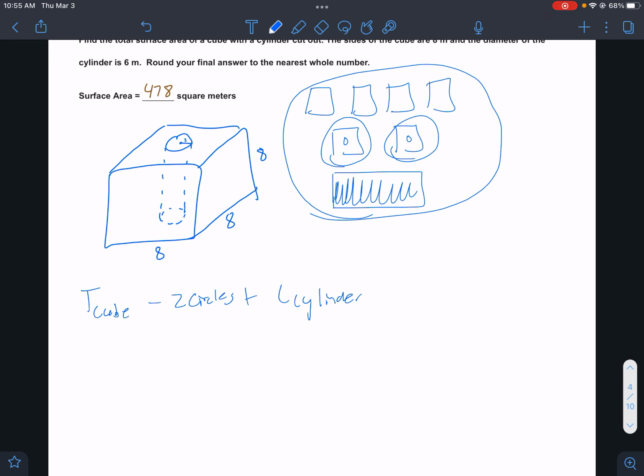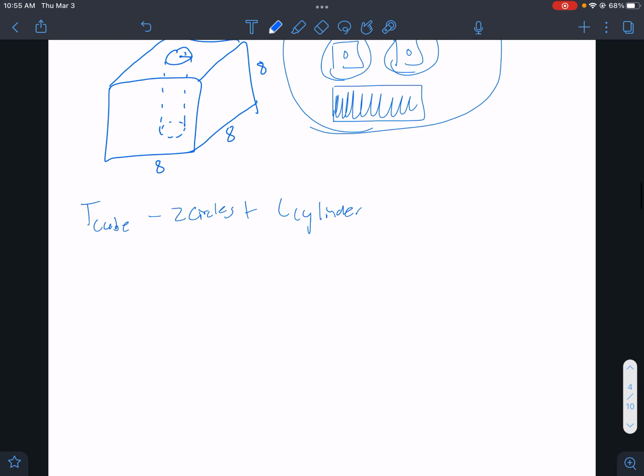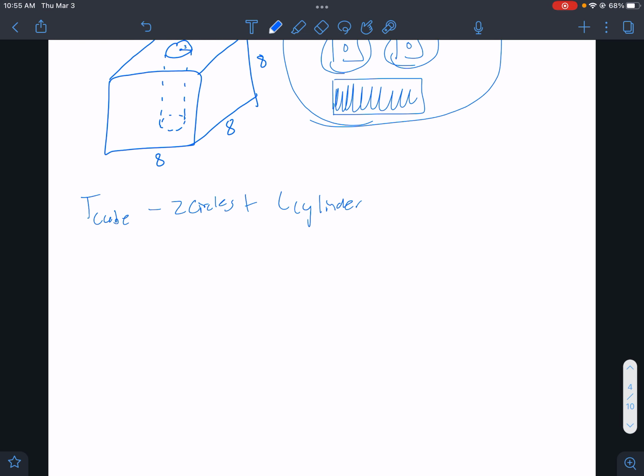But it has been exposed, so it is now part of our surface. The total of a cube, and I believe it's on your formula chart this way, I have never given you this formula, is 6s squared minus 2 pi r squared, the two circles, plus 2 pi r h, the lateral of the inside.